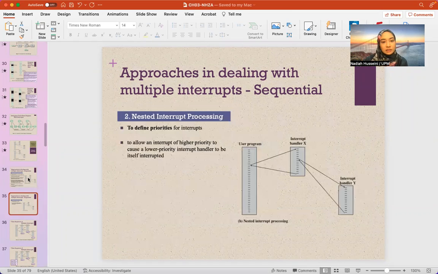And then we had the nested one, which we had to define the priorities. And yesterday, one of you asked a really good question: is it possible to have the same priority for different I/O devices? When we are talking about priorities, you can say that my girlfriend and my mom have the same priority in my life.